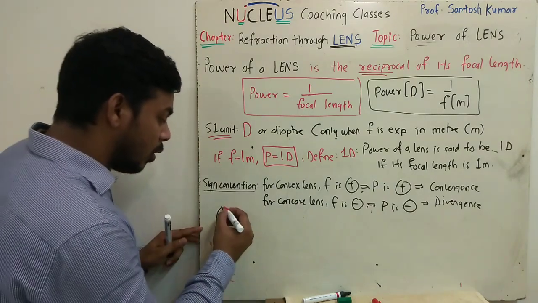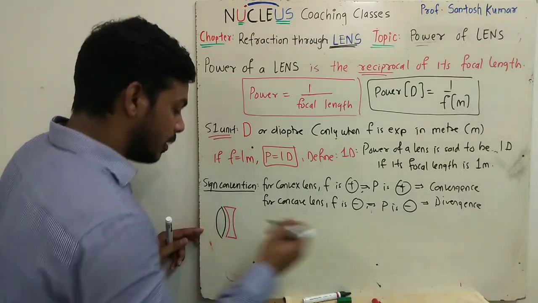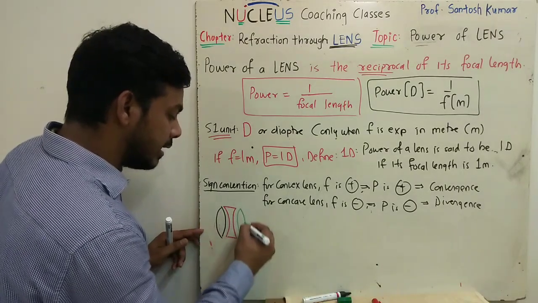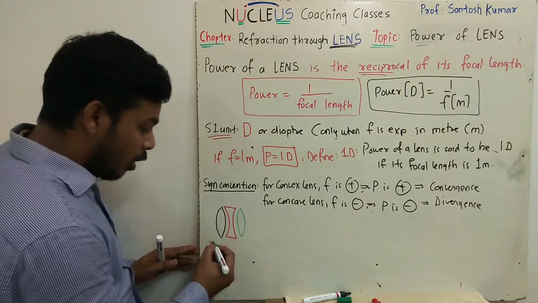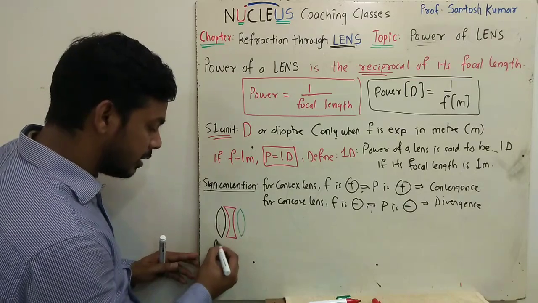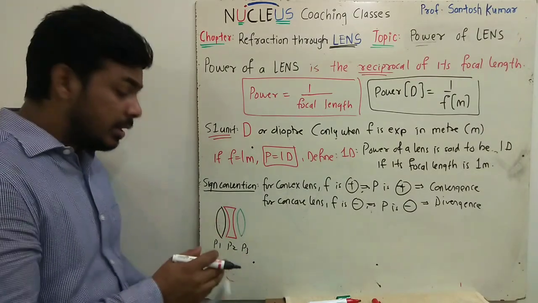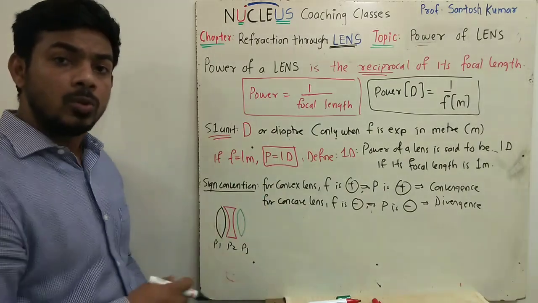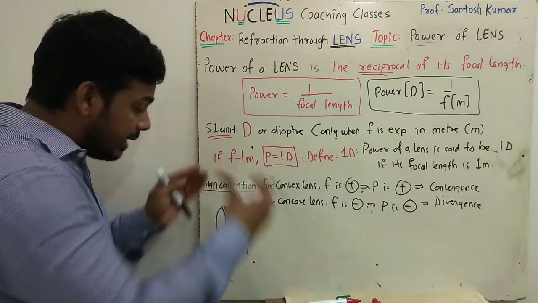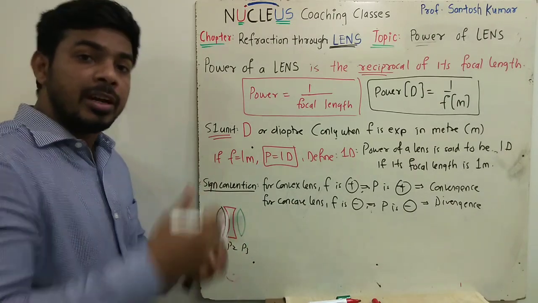Okay. One more topic I would like to tell you: sometimes instead of one lens, we have a system of 2 or more lenses kept together. Now suppose I have 3 lenses over here, and the powers of the lenses are respectively P1, P2 and P3. Now instead of one lens I have 2 or more lenses, then the entire system will act as a single lens of different power.